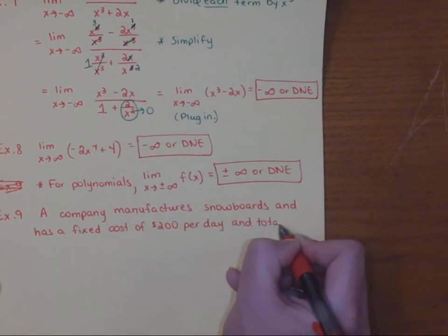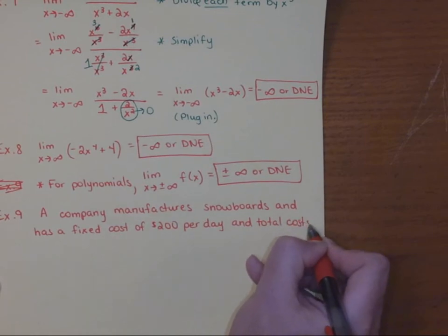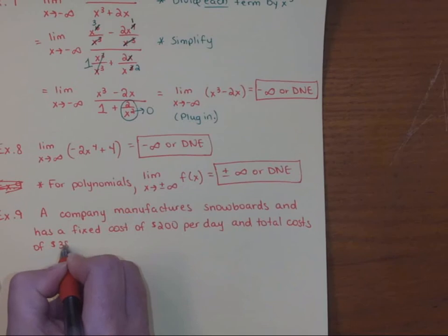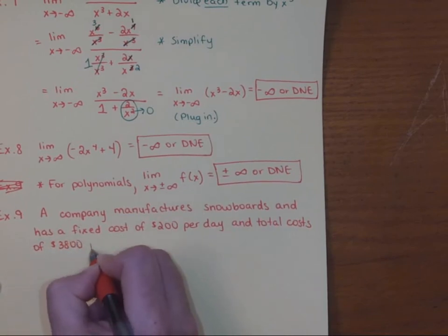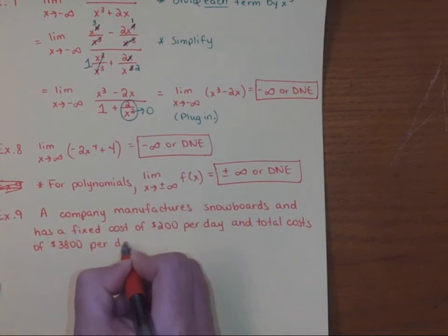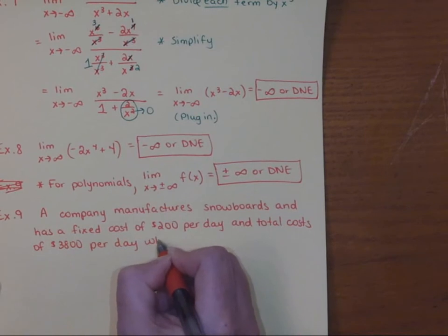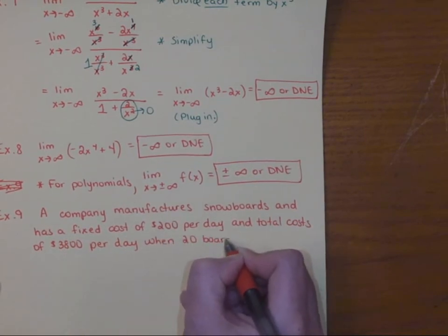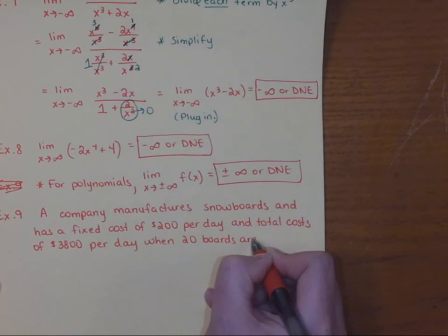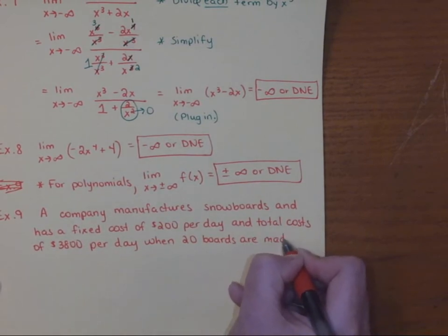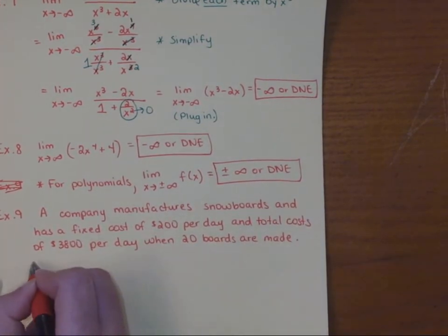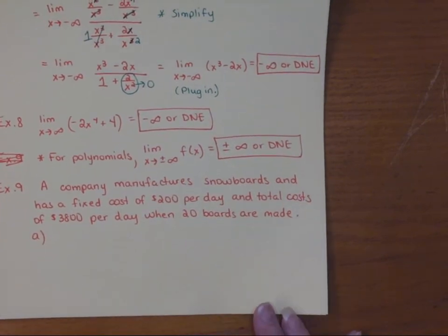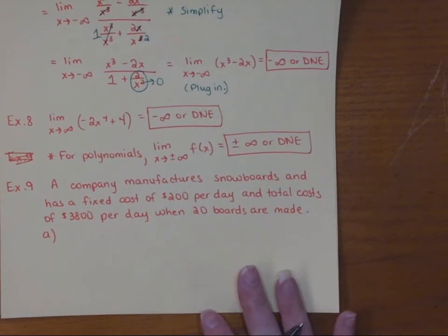And total costs of $3,800 per day when 20 boards are made. And by the way, you have a Connect question that's similar to this for this week, for this section anyway.